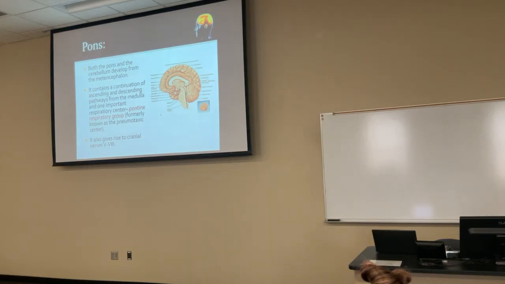Now, it used to be that physiologists thought there was actually two respiratory centers in the pons. One of them they called the pneumotaxic center, which could speed up the respiratory rate. And there was another one called the apneustic center, which could slow down the respiratory rate. But that was based on studies of laboratory animals.